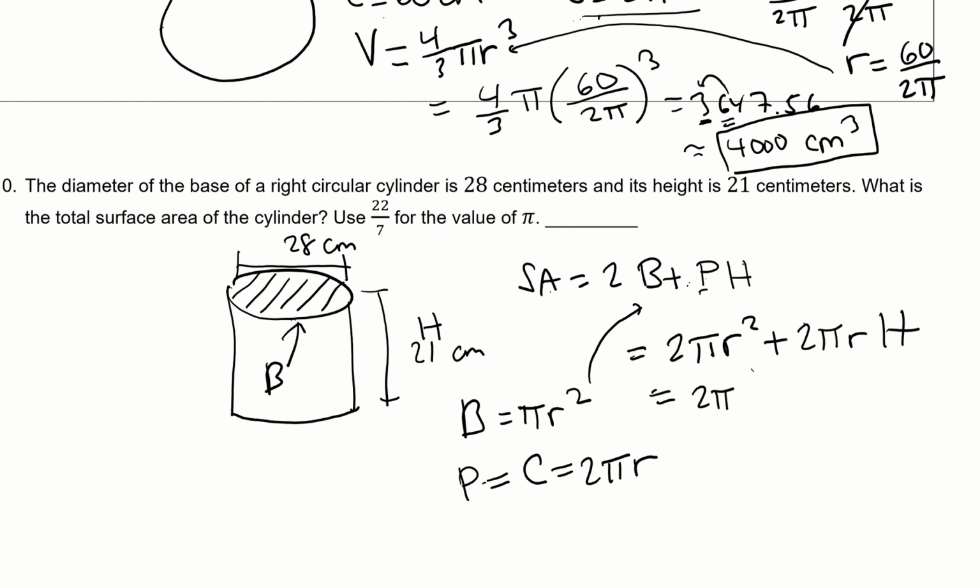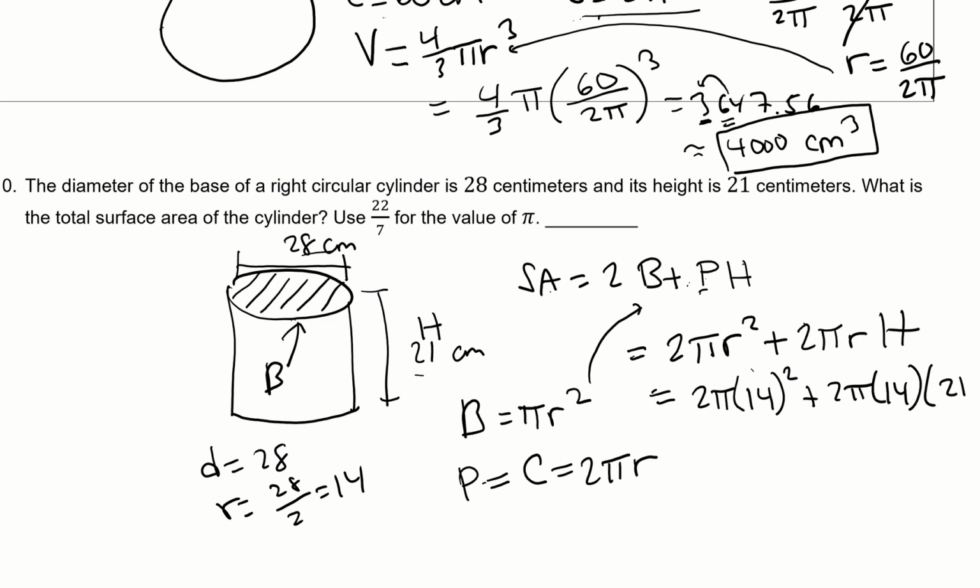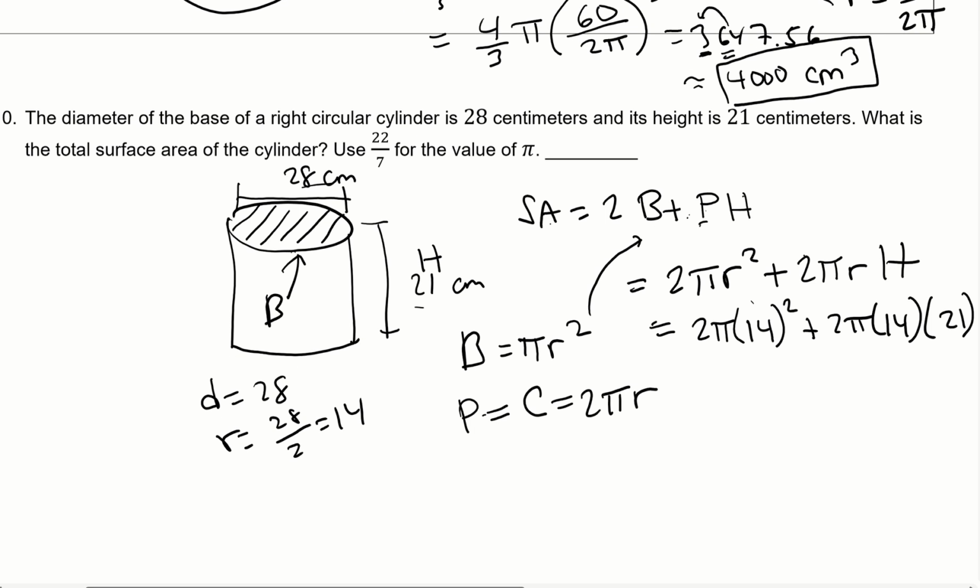So now 2 pi. The diameter is 28, which means that the radius is half that, right? So 28 divided by 2 is 14. Let's plug that in here. 2 pi times 14 squared plus 2 pi times 14 times the height, which we said was 21. Now they said to use 22/7 for pi, so let's just do what they said.